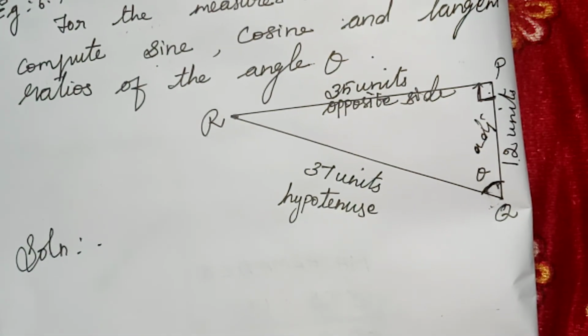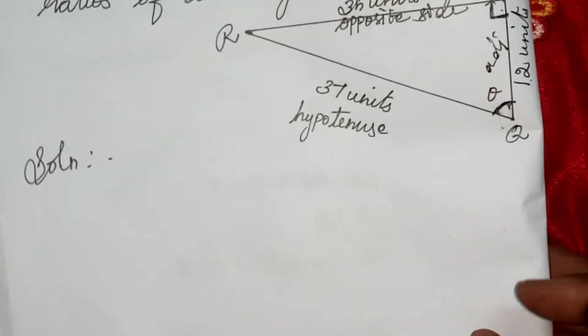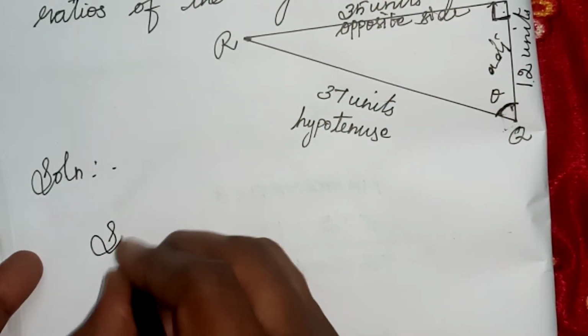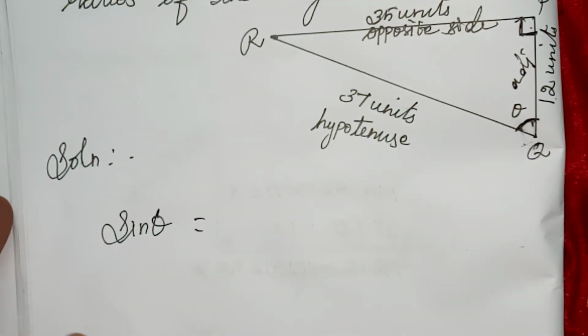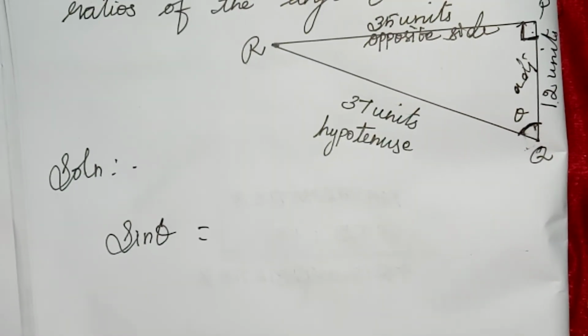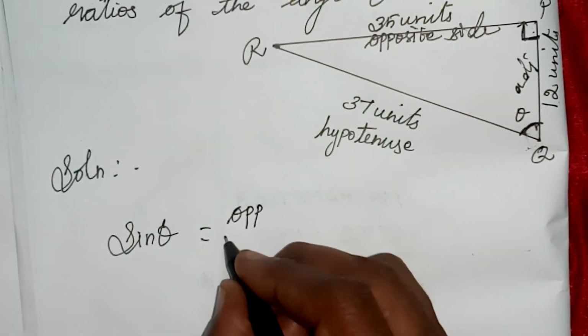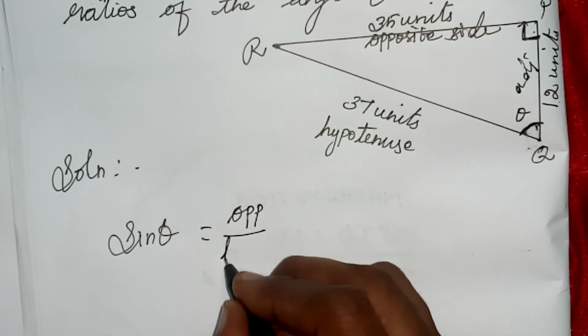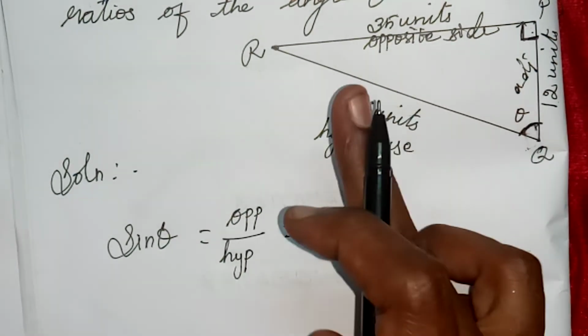Now we have to find sine theta. Sine theta is equal to opposite side by hypotenuse. What is the opposite side?